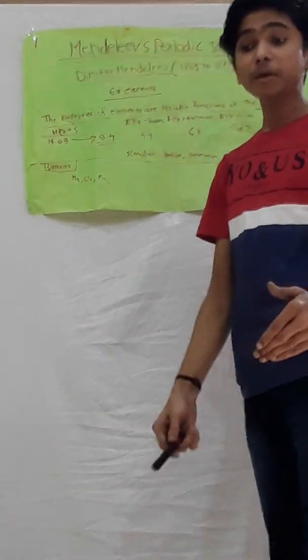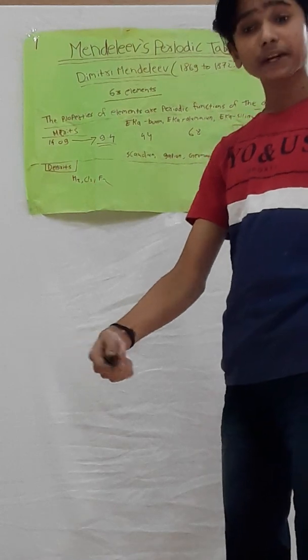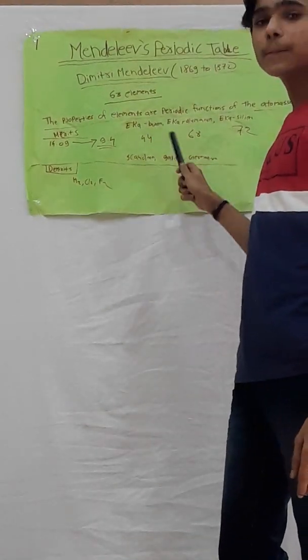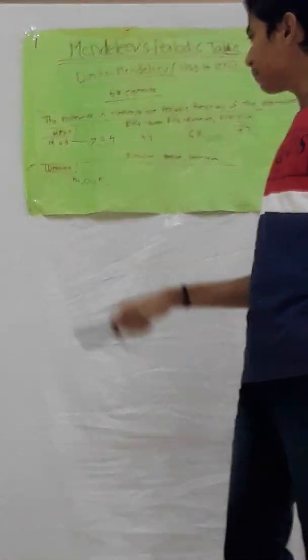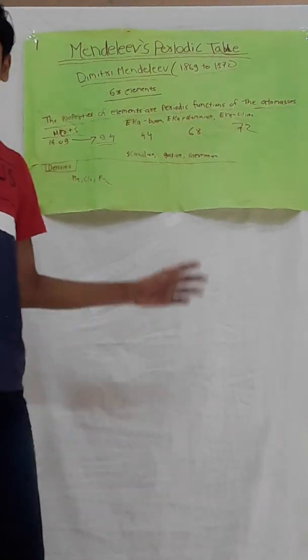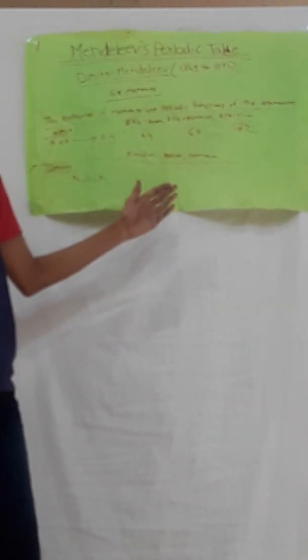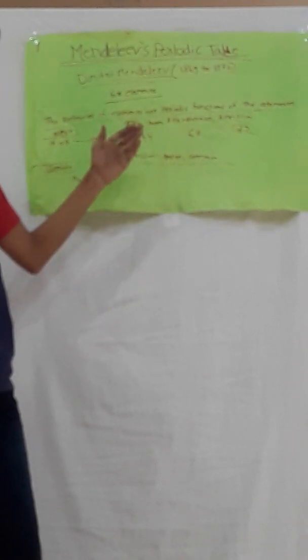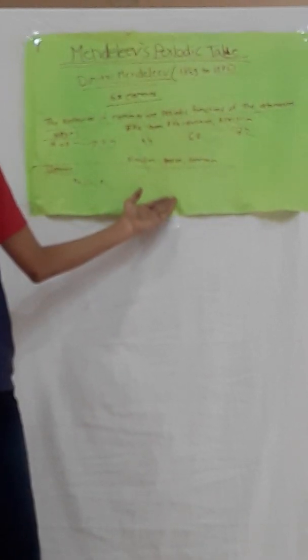Later on, these elements were discovered and named scandium, gallium, and germanium. The properties and the atomic masses matched well with the newly discovered elements.